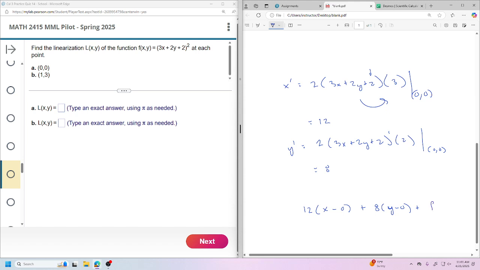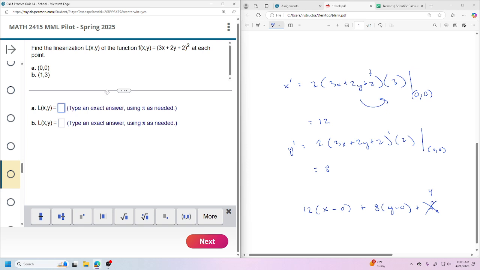Yes. Plus F0 essentially. Yeah, which in this case would just be 4. Right. When I plug in a 0 and 0, I get this guy. So yeah, that would be a 4. Right. So like that little thing I had forgotten. I had forgotten about the add thing at the end. Good thing I have that written down on my note card. Right. Linearization.